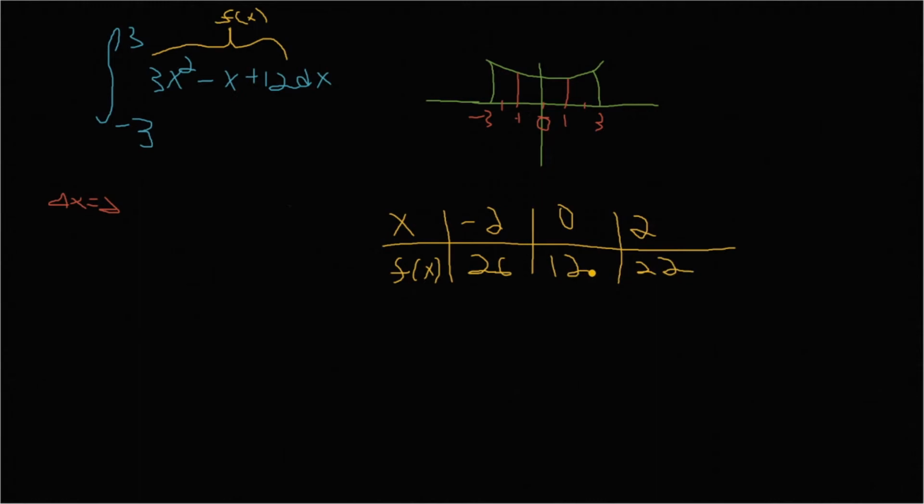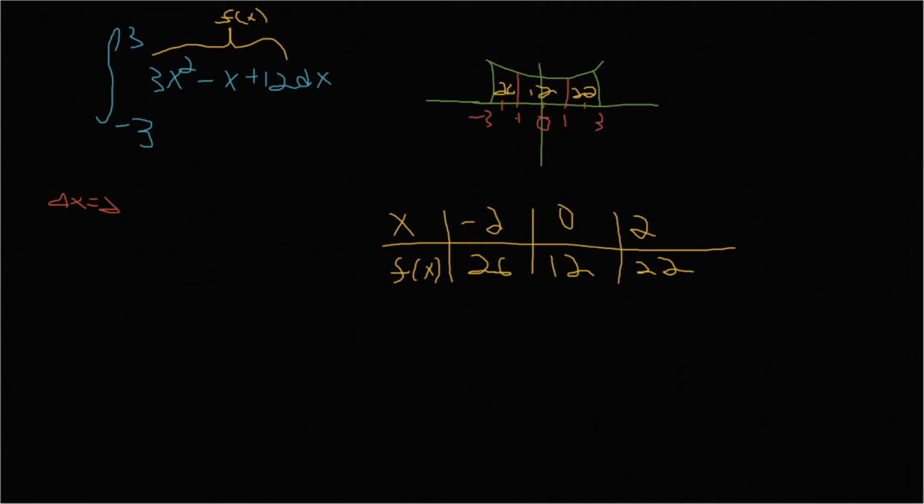Now, this height is 26, this is 12, and this is 22. But those are not the lengths of the bases. The base is delta x.